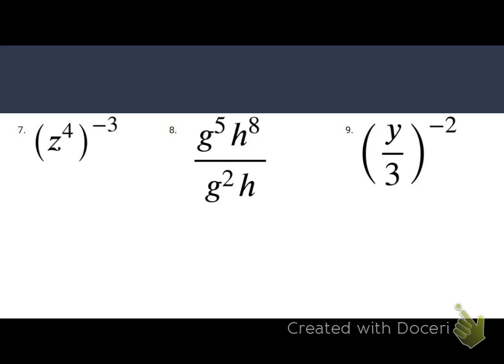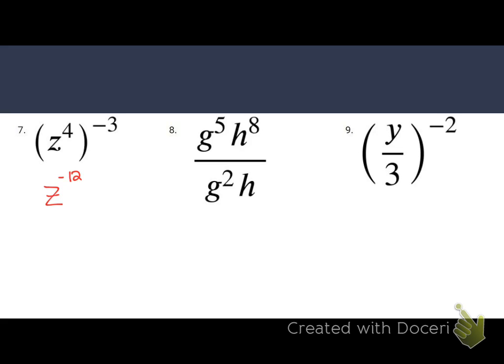If you take a power and raise it to another power, what do you do with your exponents? Multiply them. Power to a power, or exponent to an exponent, we multiply. So we can still apply that rule. We would end up with z to the 4 times negative 3, which is negative 12.